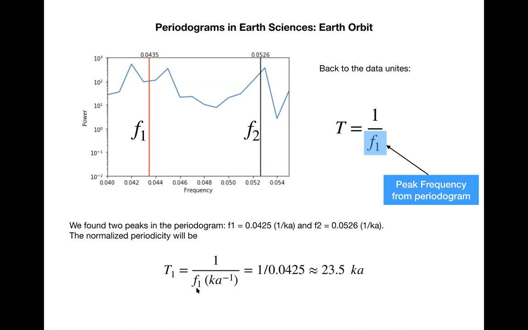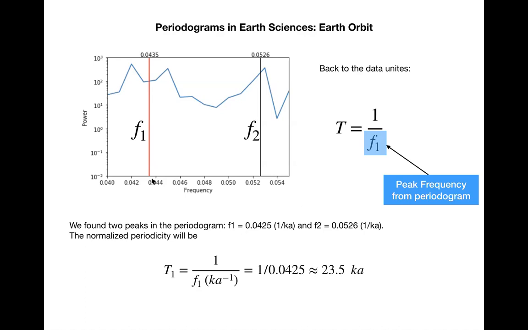So the frequency is in the unit of Ka to the minus 1. If I do this calculation, I basically get 23.5 Ka. So that's the periodicity in the precession data. Right. So this is how you get back from the frequency domain to the time series.